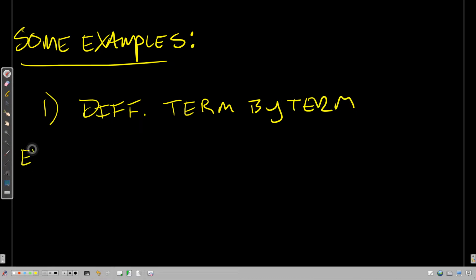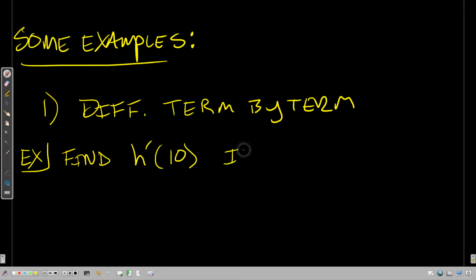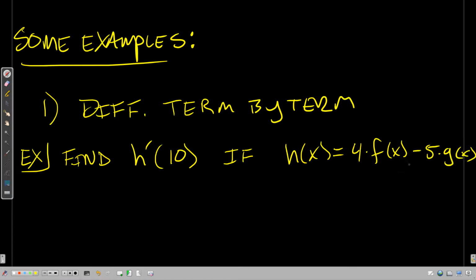Maybe the question is something like this. Find h prime of 10 if h of x is 4 times f of x minus 5 times g of x.